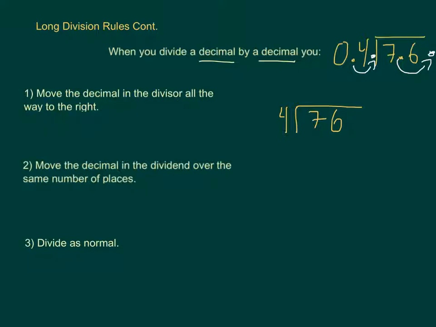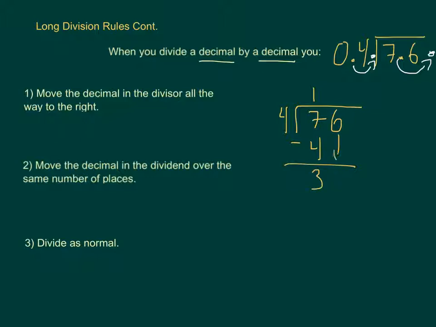Now we have two whole numbers, so we do the exact same thing we did before in our review. So we ask ourselves, how many times does 4 go into 7? We know the answer is 1. Now we multiply and subtract. 1 multiplied by 4, we know gives us 4, and we subtract. So 7 subtract 4 is 3.